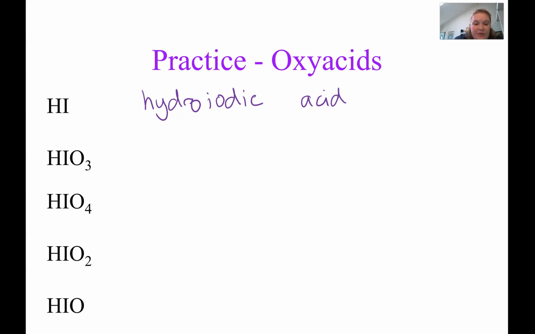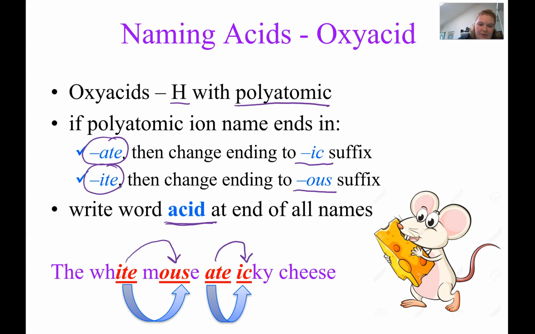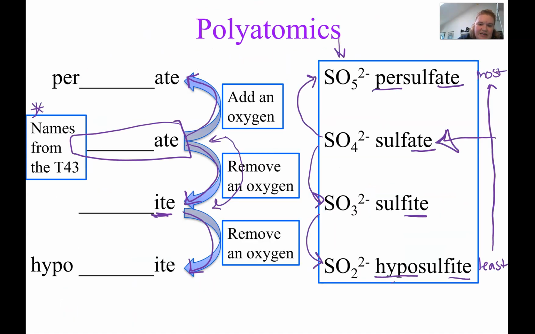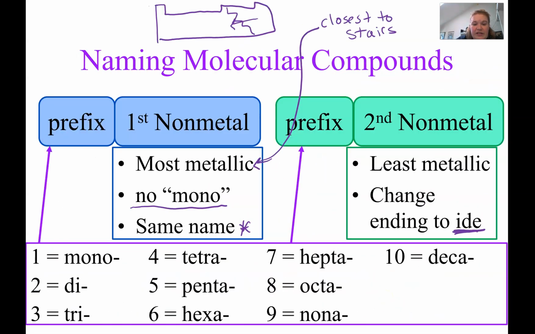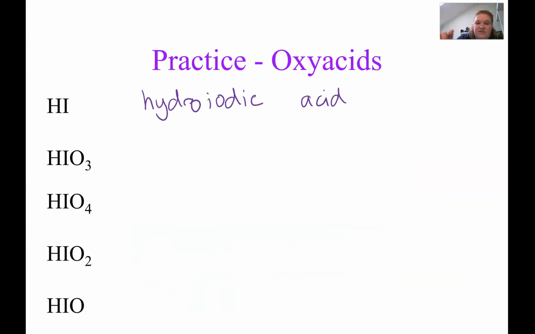And then we have HIO3, HIO4, HIO2, and HIO. So I'm going to go back to our T43 slide here. If we look at where iodine is, IO3 is iodate. And that's really the most important piece of information to filling this in. So IO3 is iodate, and so that is our next one.